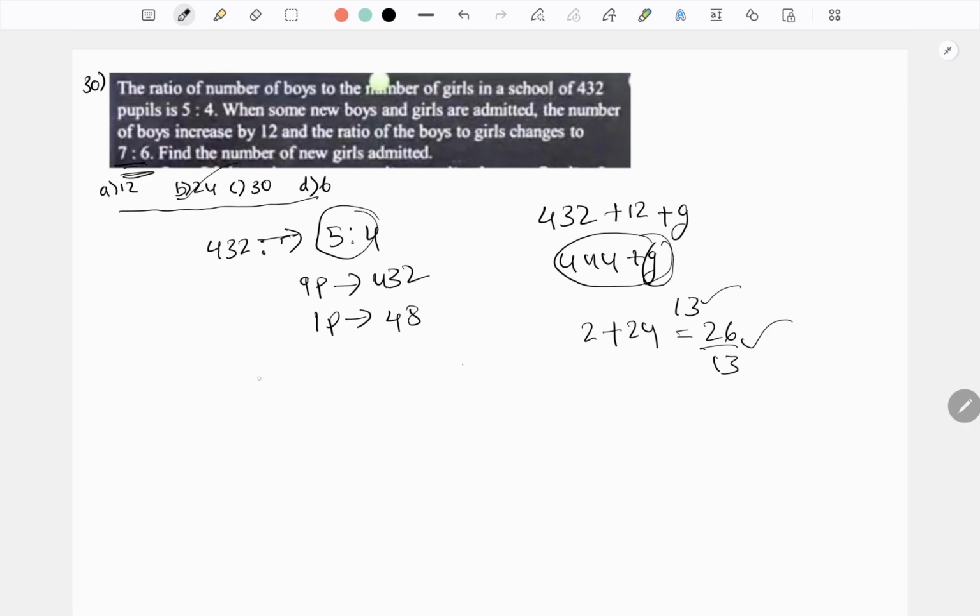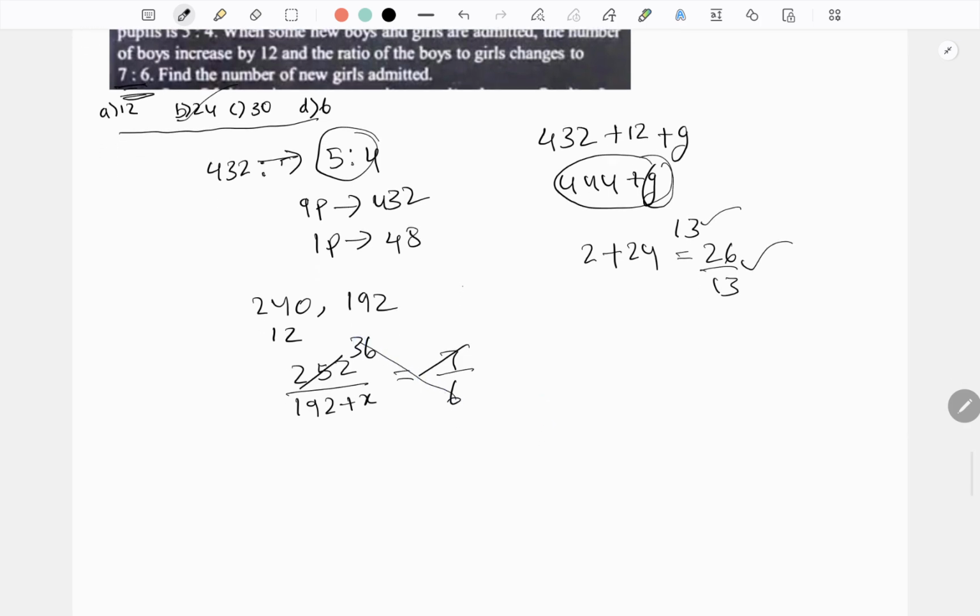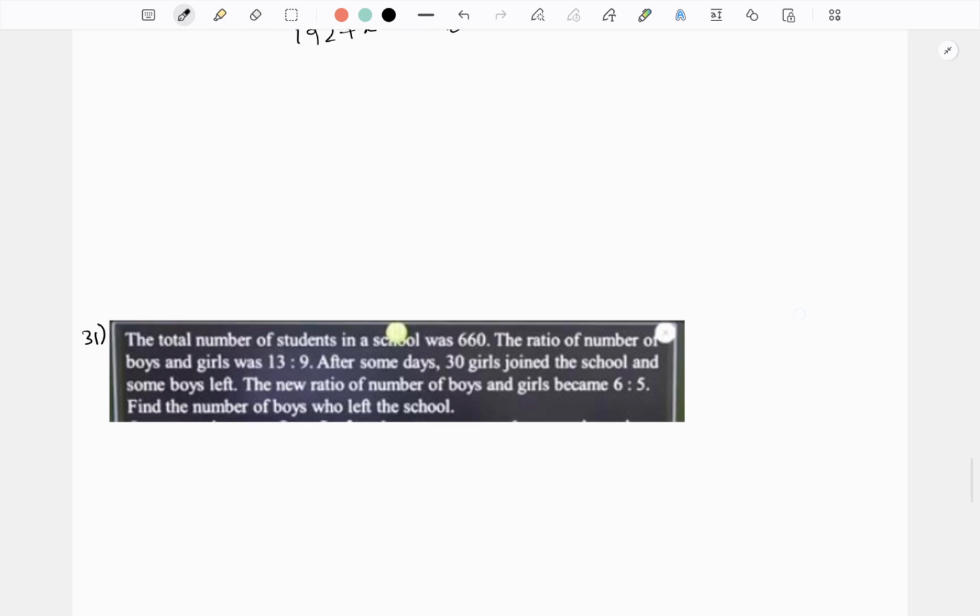Means 5 parts will be 240 boys and girls will be 4 eights, 192. Now girls added. So boys 252 by 192 plus x should be equal to 7/6. Now this goes by how many times? 36 times. Then 36 into 6. Next question.